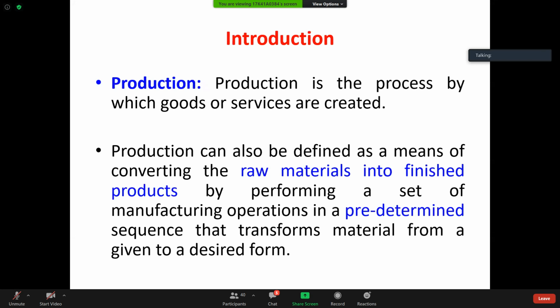Sir, you said regarding design engineering and manufacturing. After completion of design, we will go for manufacturing. Is it like concurrent engineering? No, it's a product design.